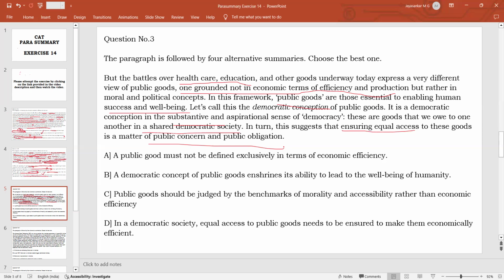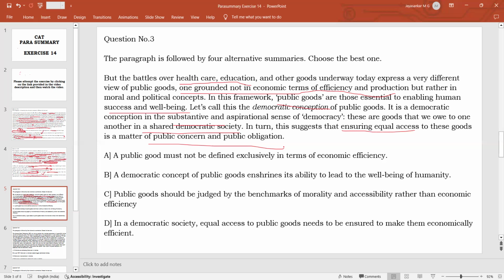It should be shared between the people, and all people should have equal access to the services provided by such public goods. The examples are healthcare, education, etc. Basically, the passage is saying that healthcare, education, etc. should be done by the government for the sake of getting income or for the sake of giving service to the people.